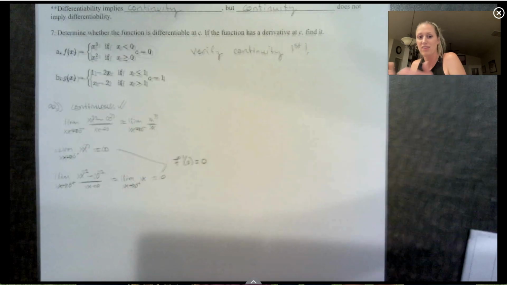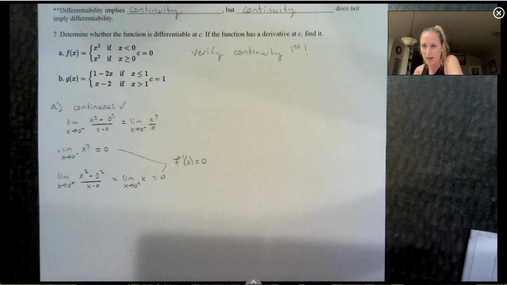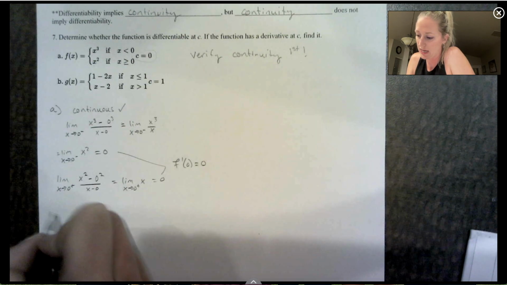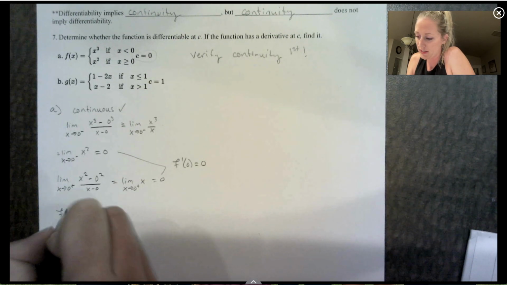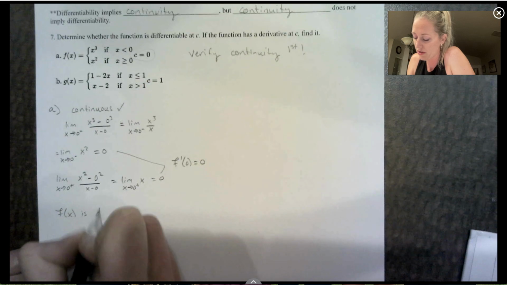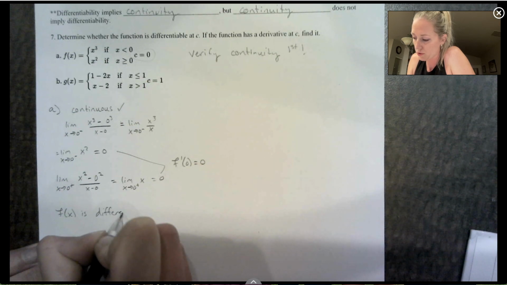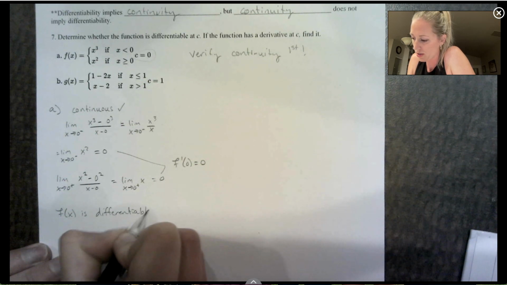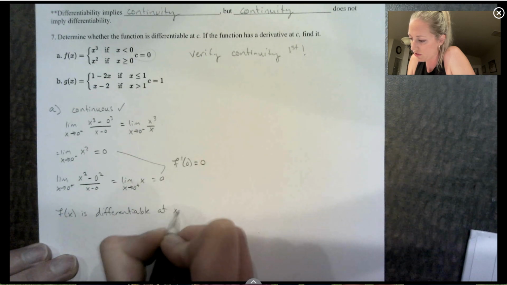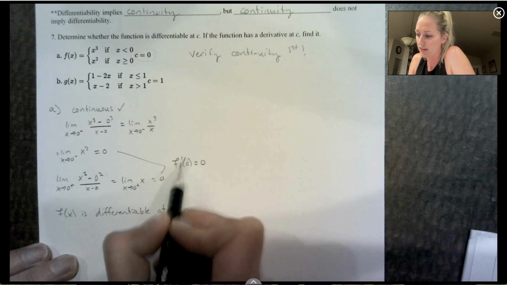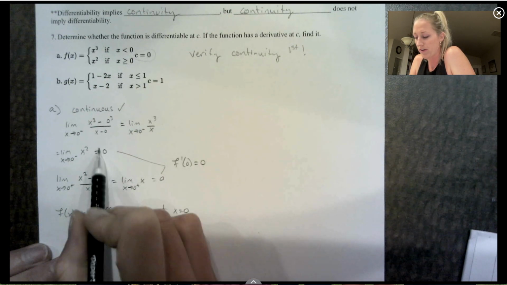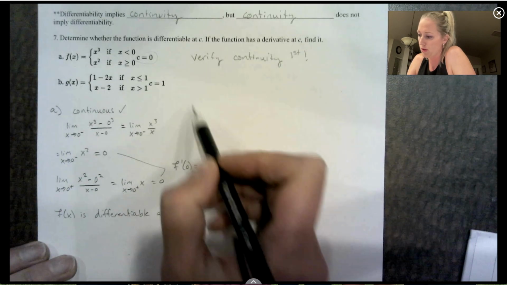We got the same limit for the left and the right, so we have it being differentiable. So we're going to say f of x is differentiable at 0, and the derivative is 0, since when we found the limits, they were both 0.